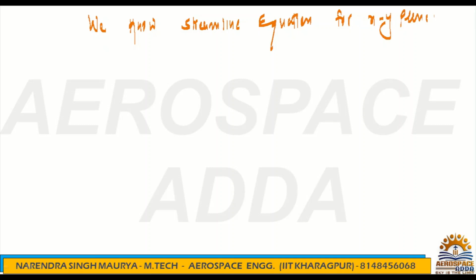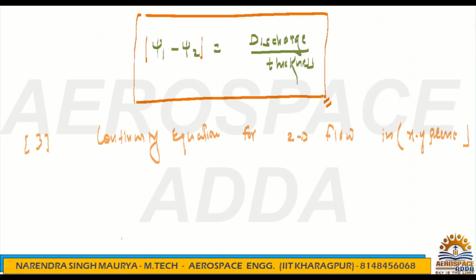What is it? It is dou u by dou x plus dou v by dou y. This is the continuity equation for 2D flow and for incompressible flow.